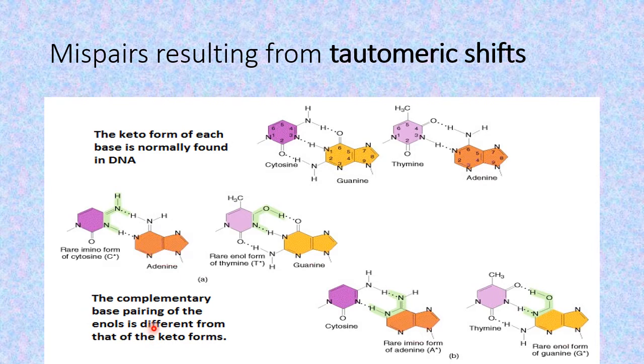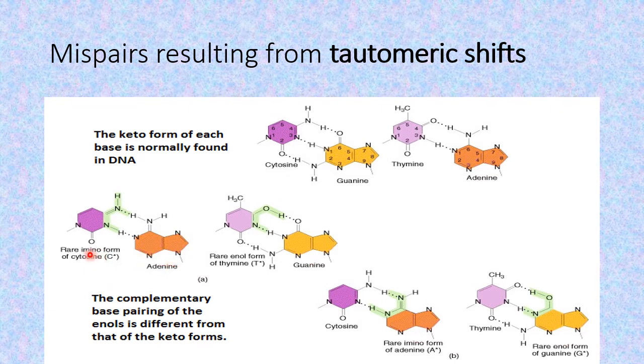But if there is a tautomeric shift, that means the keto form converts to its enol form because of the change in the electron pairing of these particular nitrogen bases. So what will happen is the complementary base pairing of these enol forms of nitrogen bases will alter.